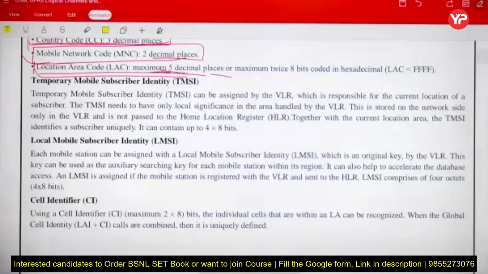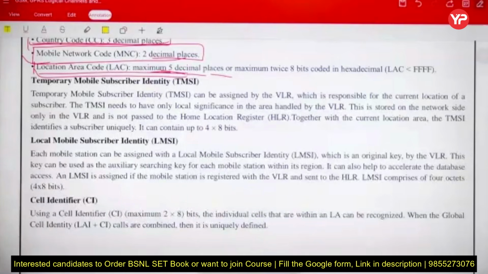So on the basis of that, we can connect the call. Whenever you go from your home location to your visitor location, because your current location has changed, we need a temporary mobile subscriber identity that will tell you your current location, and it will identify the subscriber uniquely, that this user is currently in these locations, right?